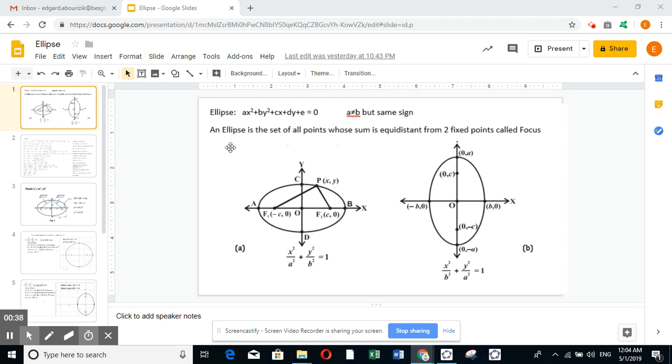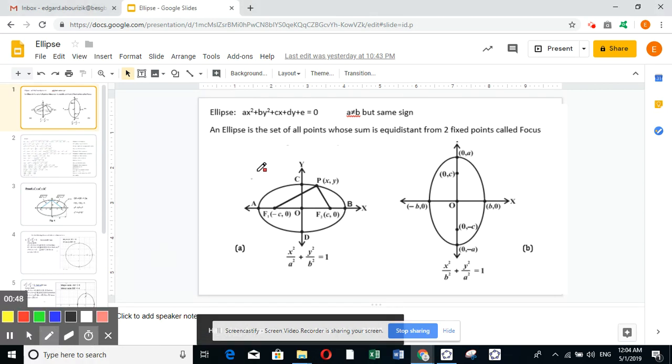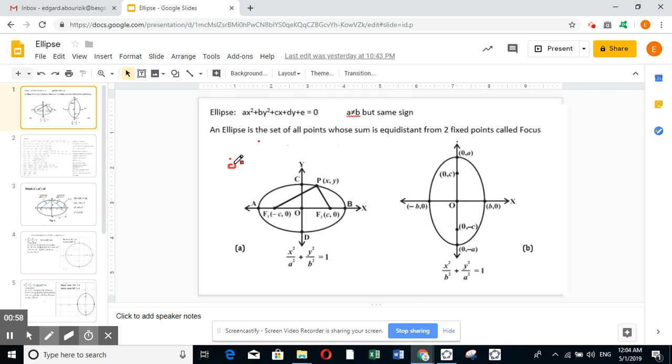What is an ellipse? An ellipse is the set of all points whose sum of distances to two fixed points, called foci, is constant. We know that in a circle definition, you have one point. If you pick any point M and measure the distance, the set of all points equidistant from this point, called the center, forms a circle. Any point on the circle has the same radius.